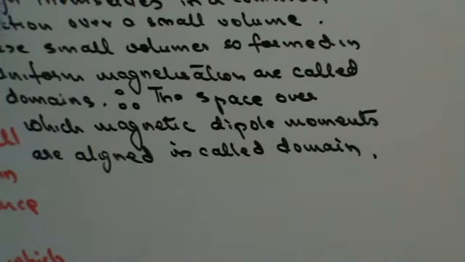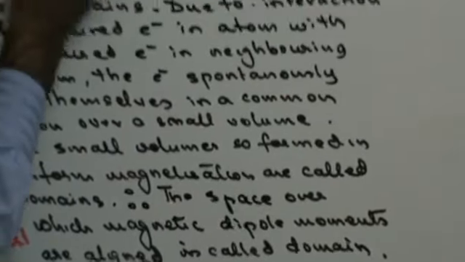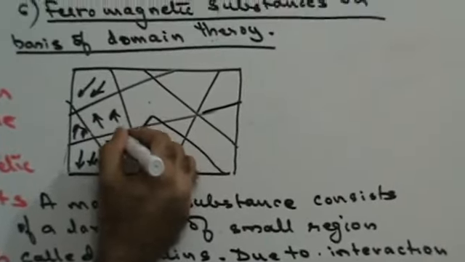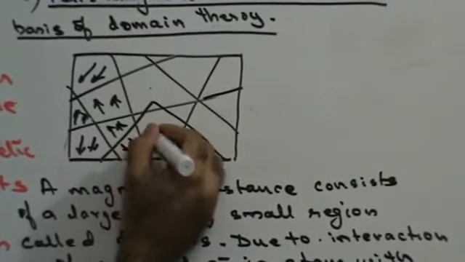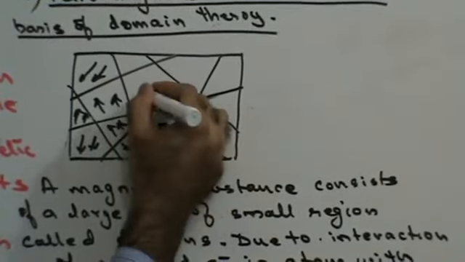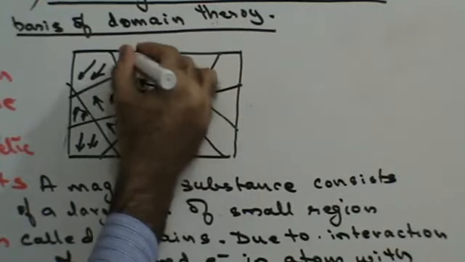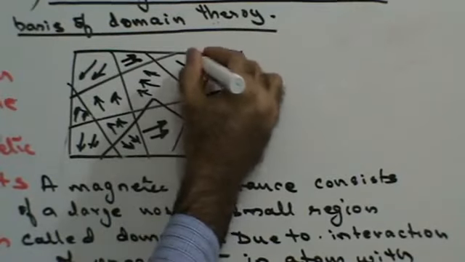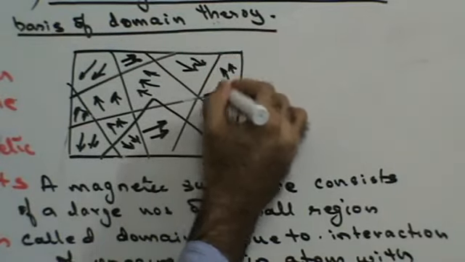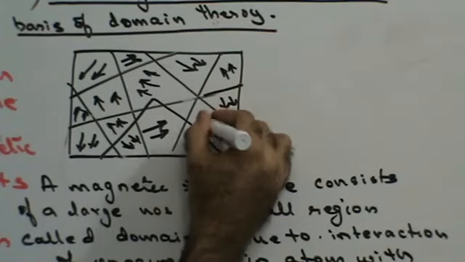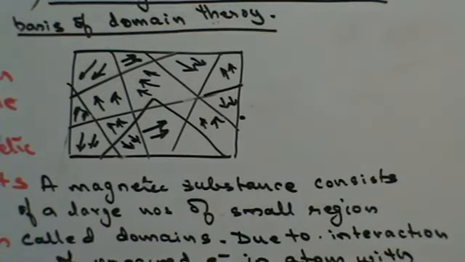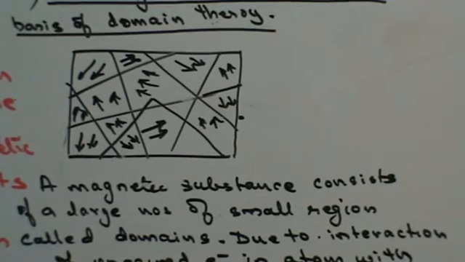Guys, they will be aligned in one direction, and others are going to be randomly aligned in all possible directions. But inside a domain, the electrons are going to align themselves in the same direction.